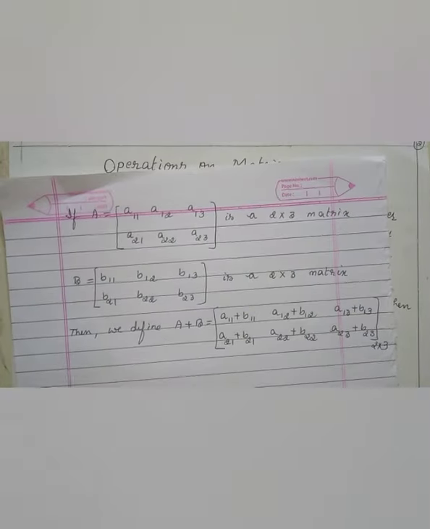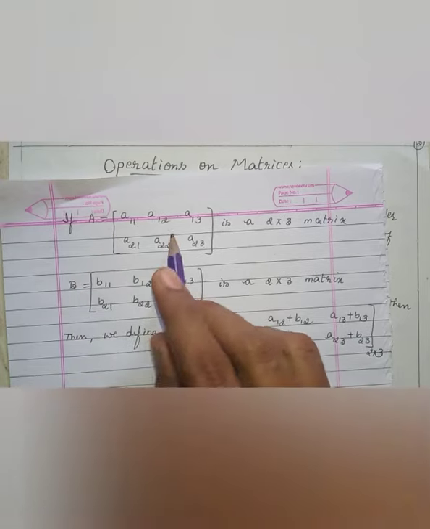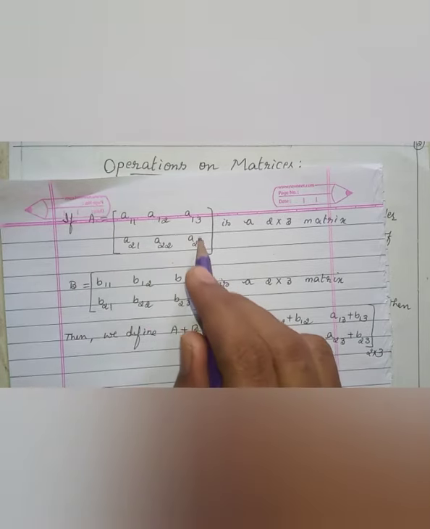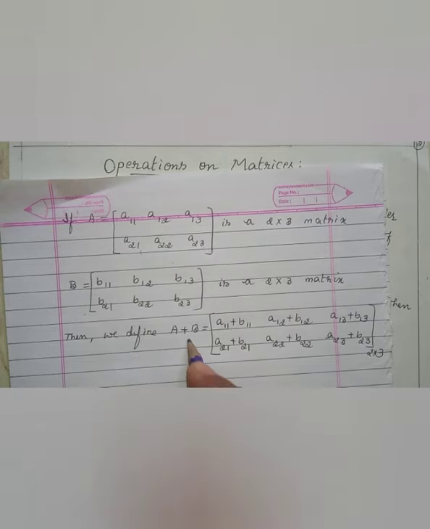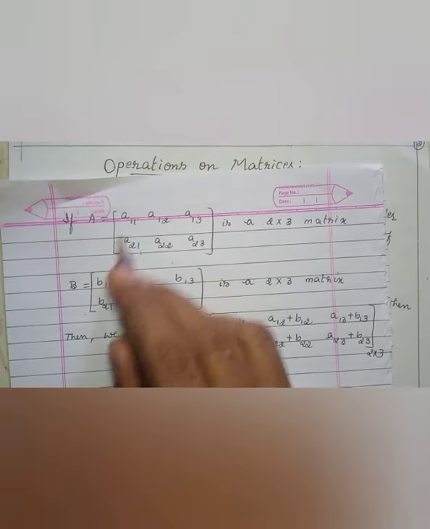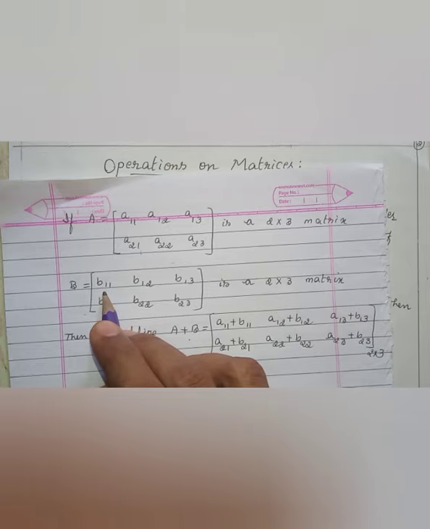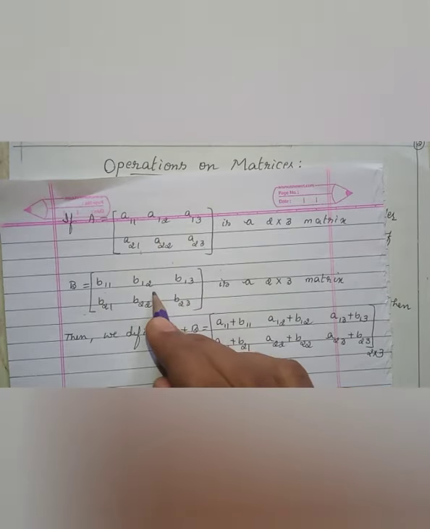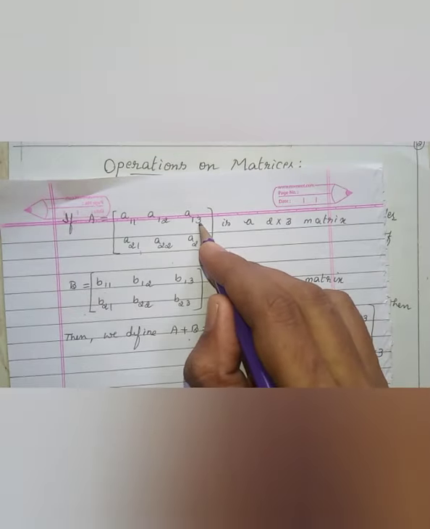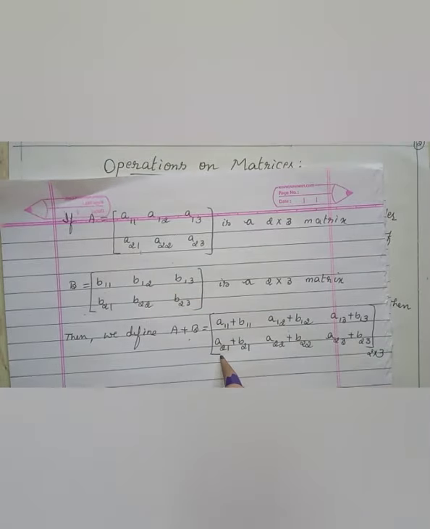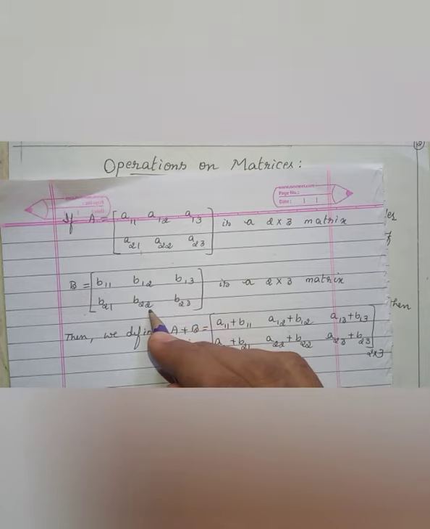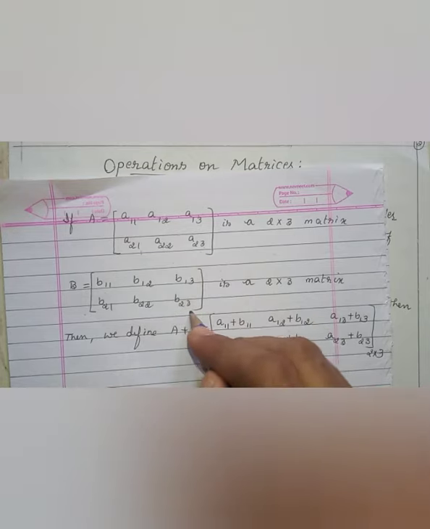In general, we can also say that if A is a 2 by 3 matrix, with elements like this, and B is one more 2 by 3 matrix, then we define A plus B, addition of two matrices A and B, as adding the corresponding entries: A11 plus B11, A12 plus B12, A13 plus B13, then A21 plus B21, A22 plus B22, A23 plus B23.